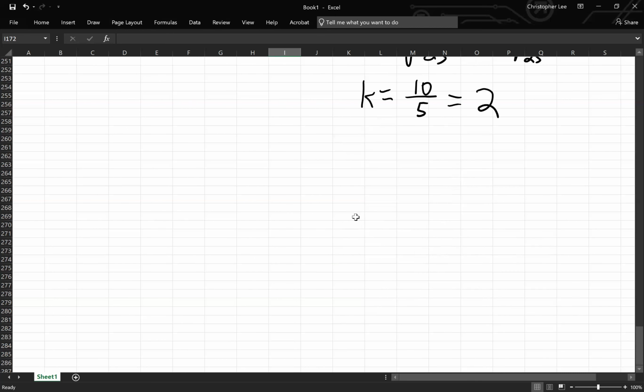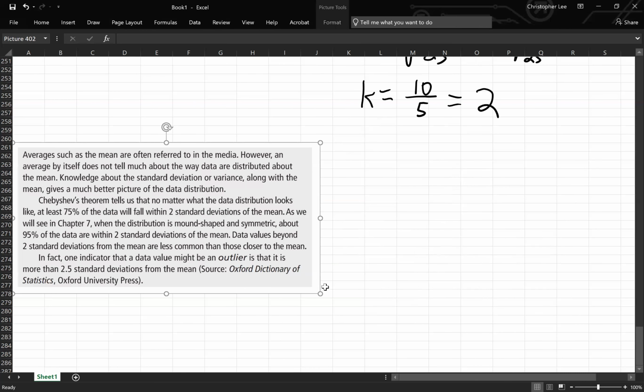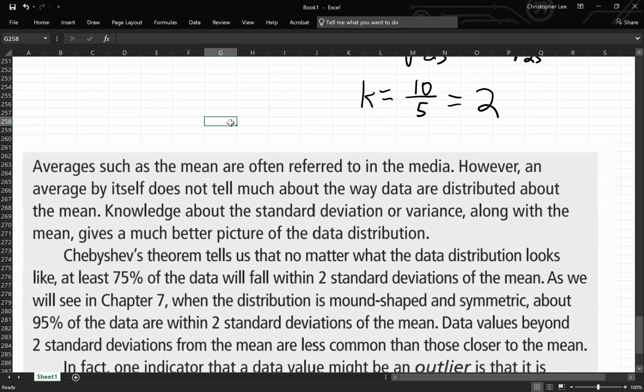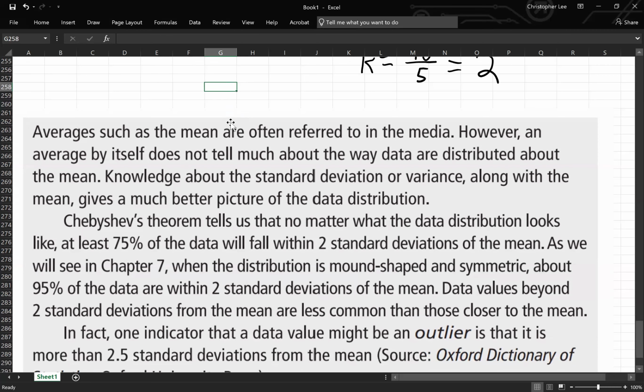All right, let's just make a real quick special note about this. So look, averages such as the mean are often referred to in the media. However, an average by itself does not tell much about the way the data are distributed about the mean. Knowledge about the standard deviation or the variance along with the mean gives a much better picture of the data distribution. Chebyshev's theorem tells us that no matter what the data distribution looks like, at least 75% of the data will fall within two standard deviations of the mean.